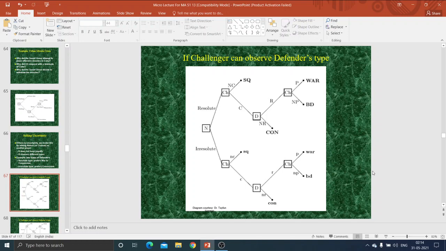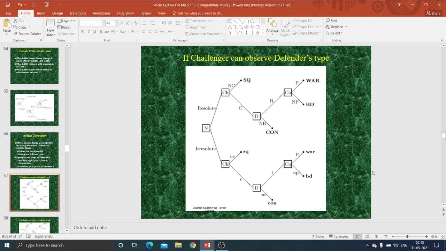Then you have resolute behavior and irresolute behavior. If you are resolute, then you challenge or not challenge; if not, that ends. If you challenge, then the defender's move comes. The defender has two options: either they accept, which is consent, or they retaliate. Again the challenger can push to war, or back down.